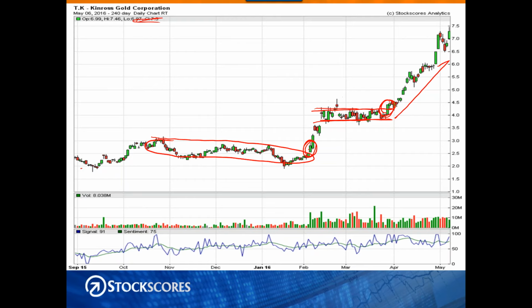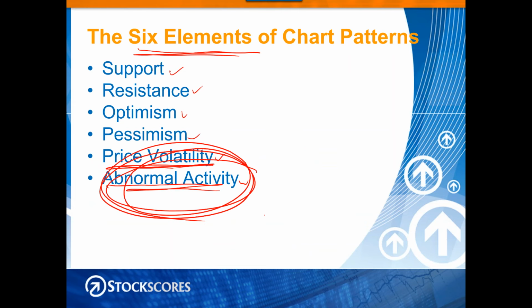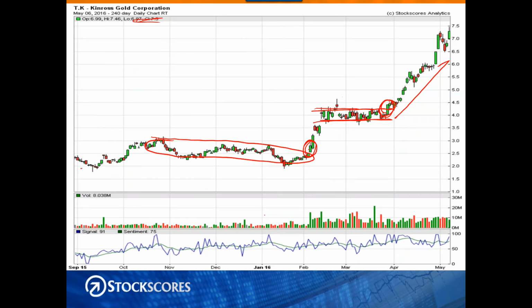So that leads me to the final element of chart patterns and by far the most important, and that is abnormal activity. Now, why is abnormal activity important? It's the clue that investors have found some new fundamentals that justify paying a higher price.